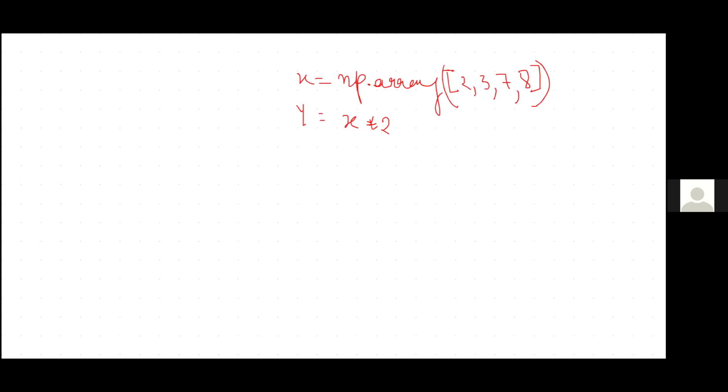So that's like that. Now plt.plot(x, y). The plotting portion is done. Now plt.xlabel, it will be x-axis.